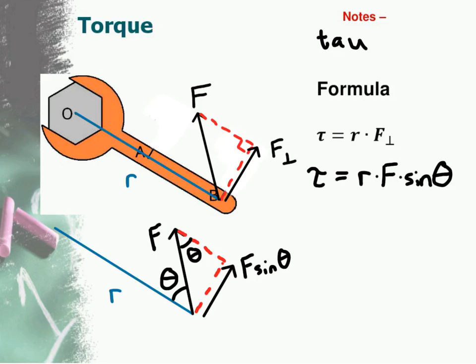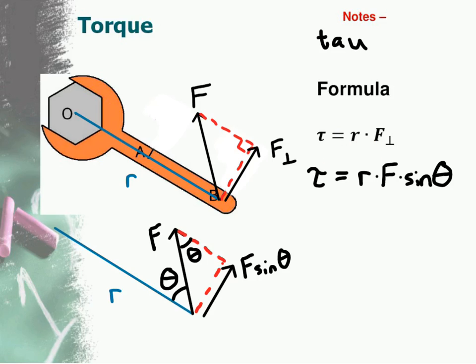Now, a few more things about torque. First of all, we have to figure out what units these are. If I'm saying that torque is equal to some distance r times some force, well, it would make sense that the unit for distance is meters and the unit for force is newtons.